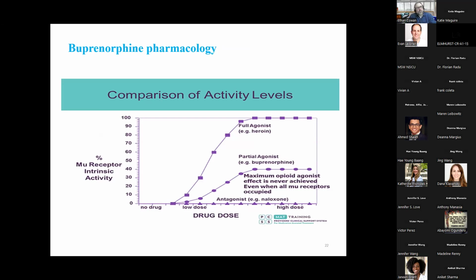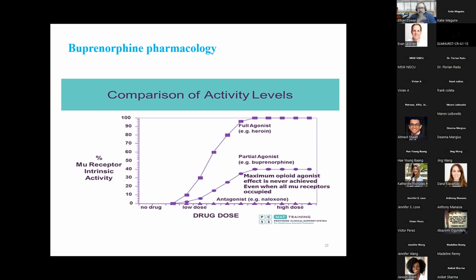If you have a patient on full agonist, so who just took fentanyl or has methadone in their system, those full agonists are bound to the mu receptor, and the receptor is fully activated. If you give that patient buprenorphine, it is going to preferentially bind the mu receptor because it has a much higher binding affinity.